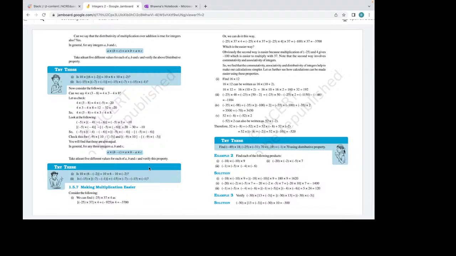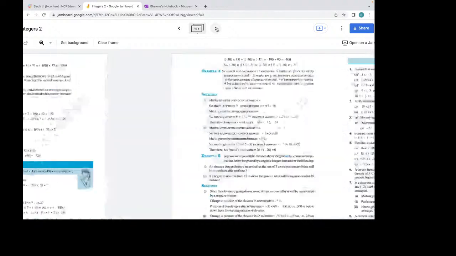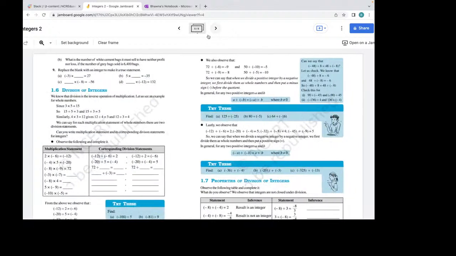So we have learned the multiplication properties of integers. Now it's time to learn about division of integers.